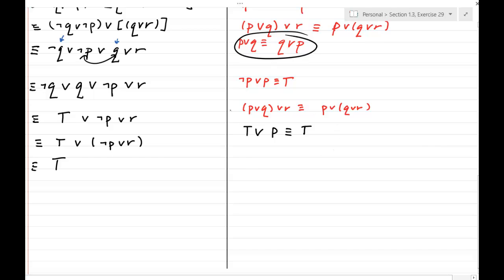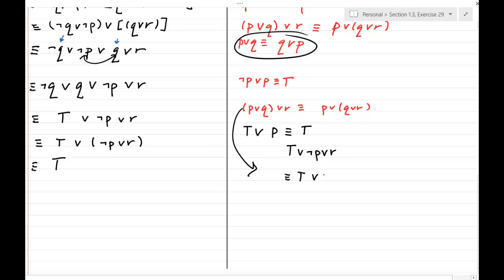The alternative that I was thinking about here would just be to say, okay, I'm going to work left to right because I've got the same operator here. True or not P or R. I say, okay, working left to right, I would start by grouping true or not P. That's going to be true.